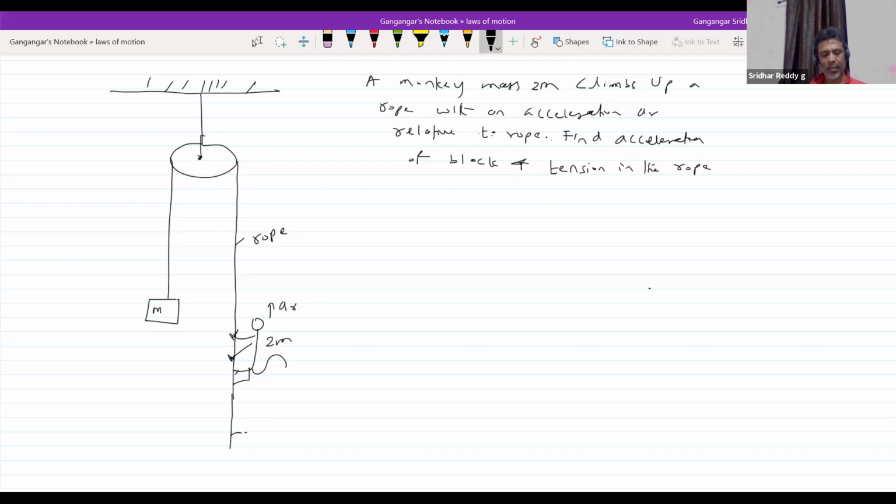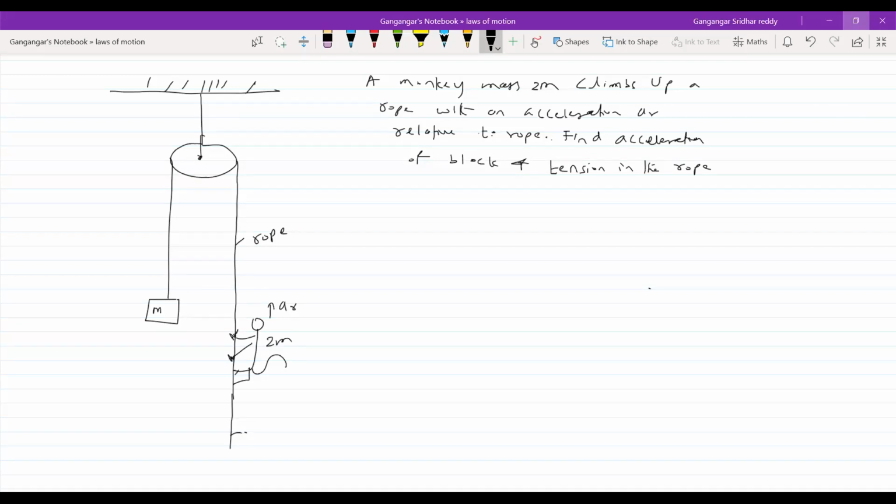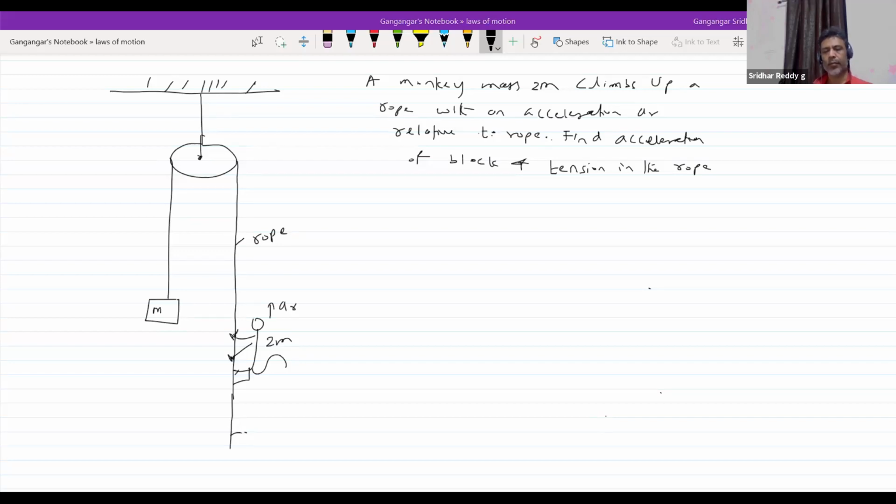Here I'm just bringing in an overall picture. Now, what is here? Acceleration of the monkey relative to the rope.